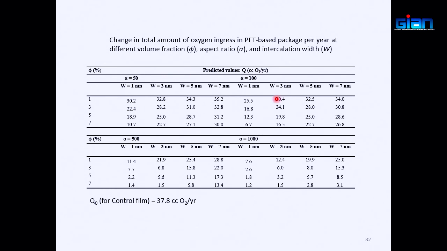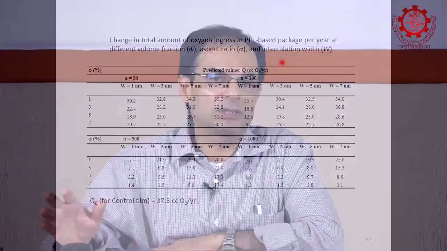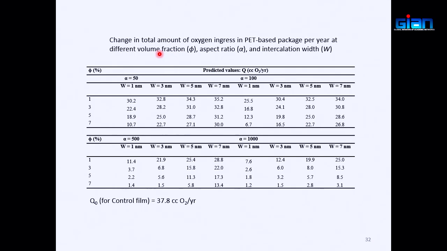This is a theoretical calculation based on a certain dimension of your package in terms of the surface area, the percentage of nanoplatelets, the aspect ratio, and the intercalation or aggregation.